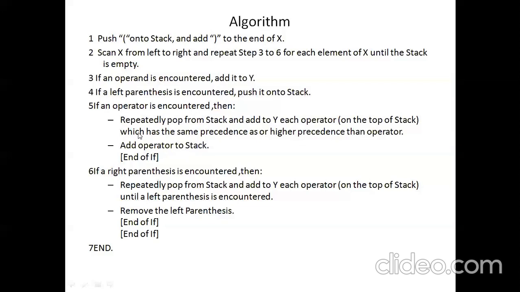Example: star is already in the stack and I am scanning a plus operator. So plus will be entered into the stack, and the star operator which is already in the stack is popped from the stack and copied into Y, and plus will be entered into the stack.